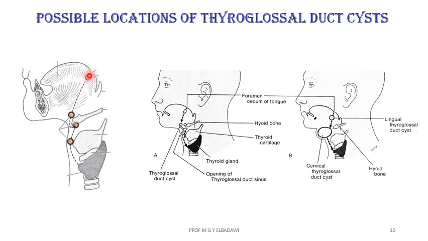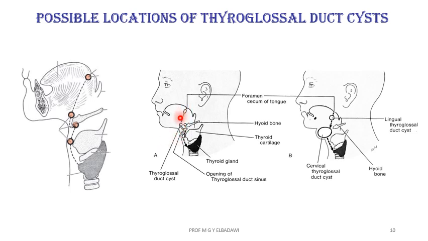And then this is the descent of the duct as we have seen before. It could be a lingual thyroid or a cyst, then suprahyoid or infrahyoid, or a very lower one, close to the thyroid cartilage. These are the sites of the thyroglossal cyst.